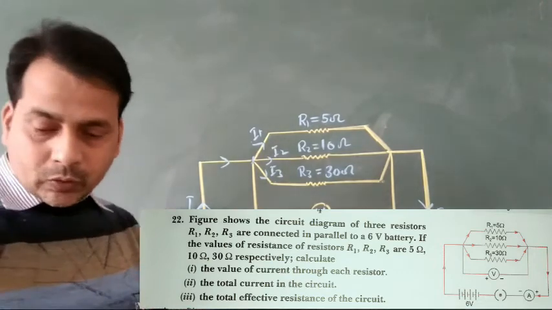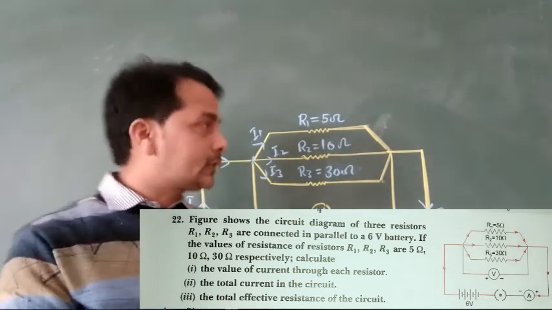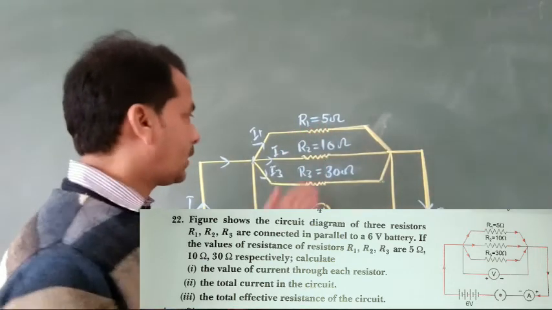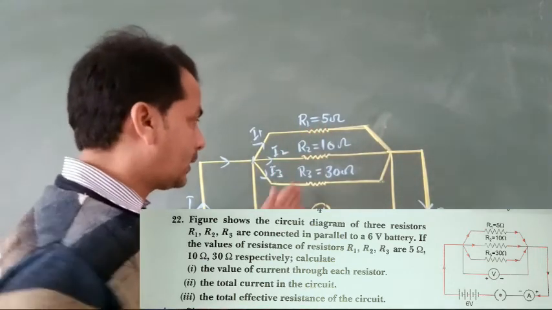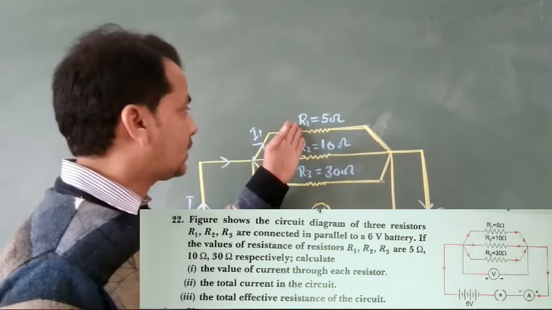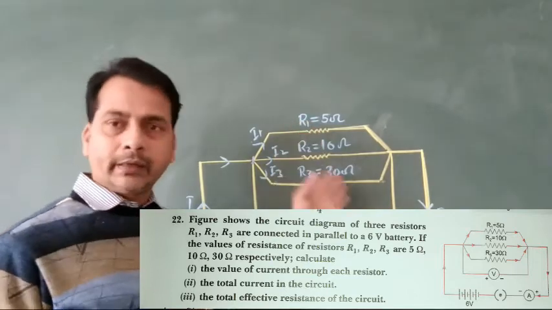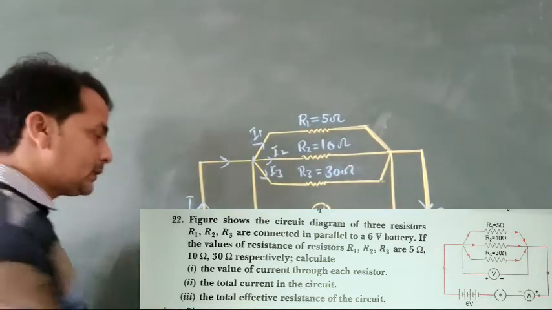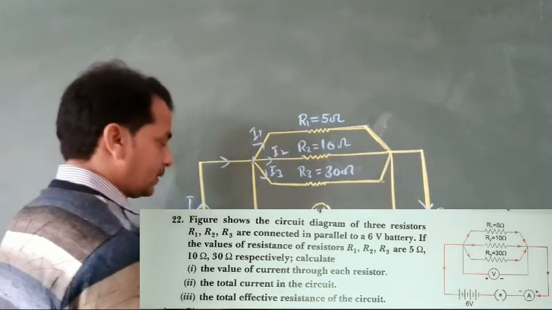According to this question, R1 equals 5 ohms, R2 equals 10 ohms, and R3 equals 30 ohms, and the resistors are in parallel combination. The potential difference is also given, 6 volts.